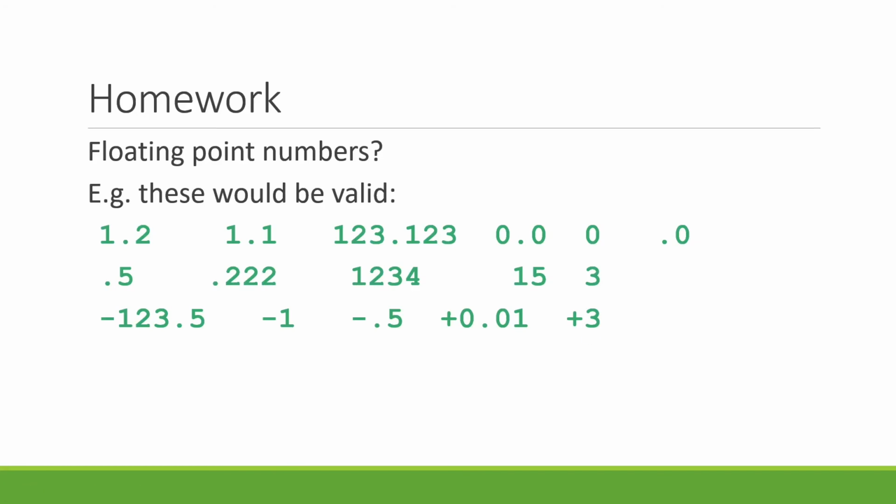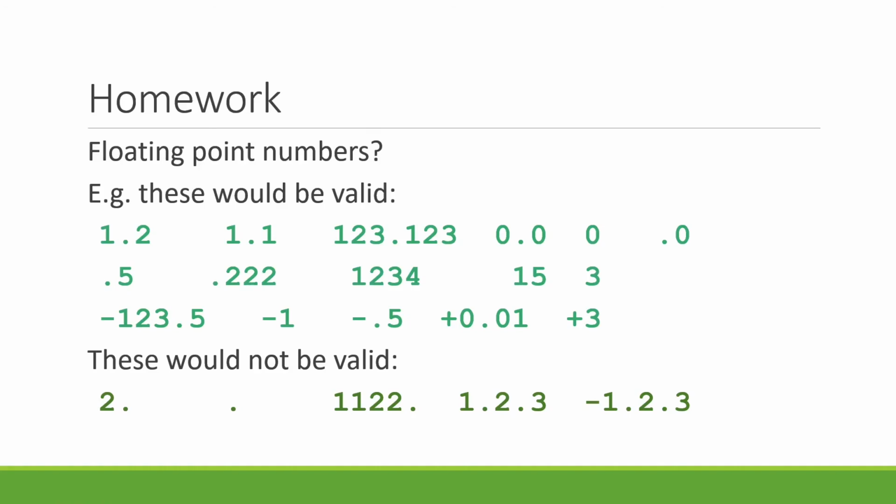Now, in general, values that consist of one or more digits to the left of the decimal point, but no digits after the decimal point would be considered invalid, such as this one and this one. And of course, just a decimal point all by itself would not be valid either. These values would not be understood by most programming languages as a decimal value, which is kind of odd.